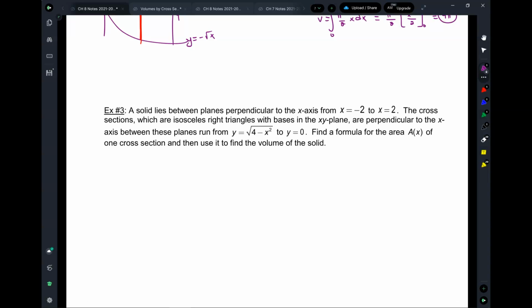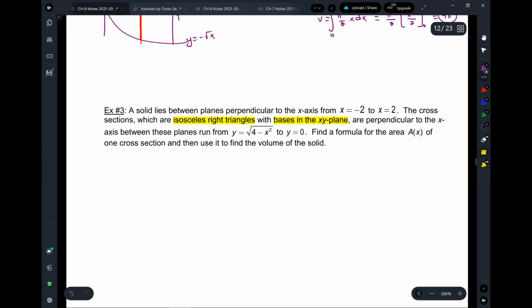A solid lies between planes perpendicular to the x-axis from x equals -2 to 2. The cross sections, which are isosceles right triangles this time, with bases in the xy plane, are perpendicular to the x-axis, and they run from y equals 4 minus x squared to y equals 0.